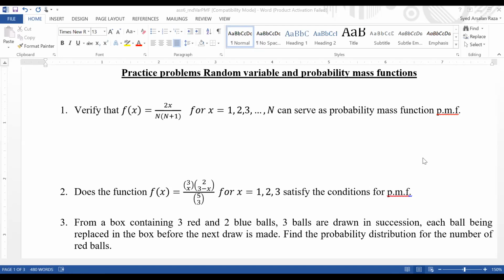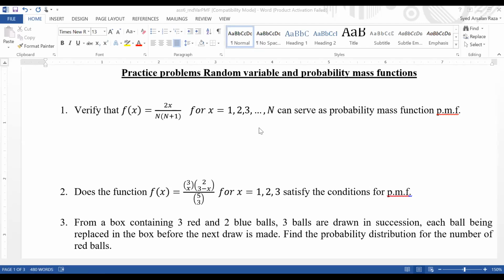If I put 1 inside the function, it becomes 2 multiplied by 1 divided by n into n plus 1. N is the number of items, so the values of n should be positive, because 1, 2, 3 and wherever we stop, it is positive. So if we put 1, the function is positive. If we put 2 inside the function, it is positive.